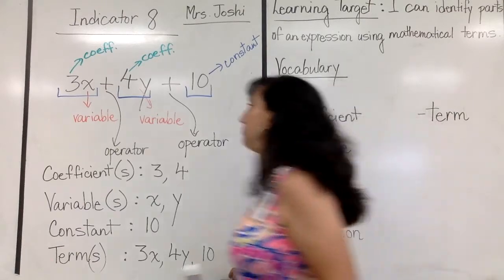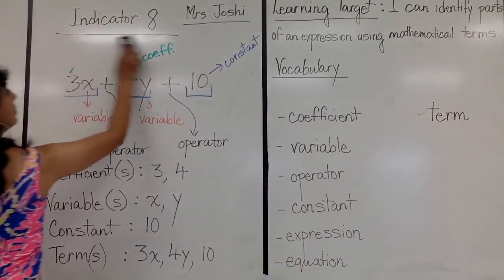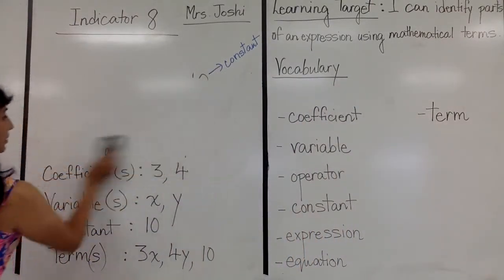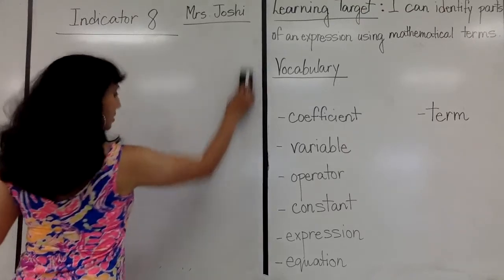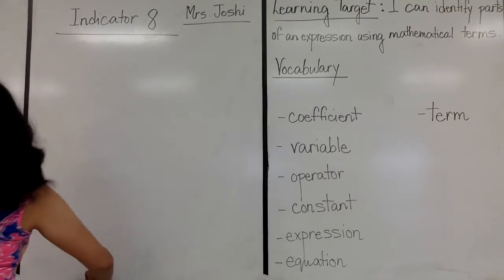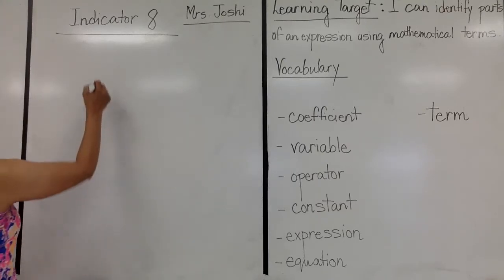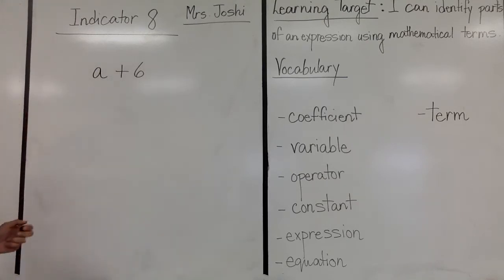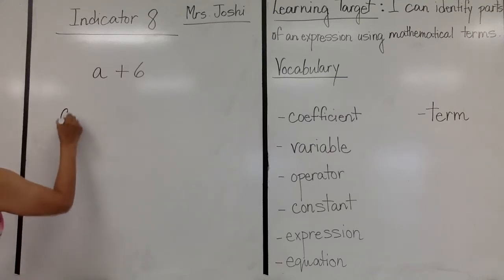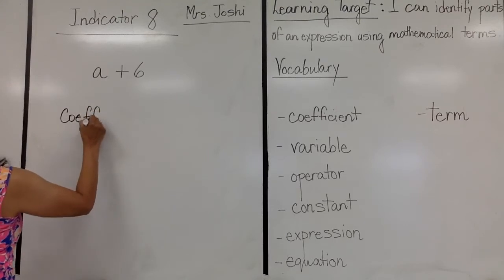Okay, so let's do another problem. If I give you this, what is the coefficient, the variable, the constant, and the term? In this case, let's just write down what we are looking for.